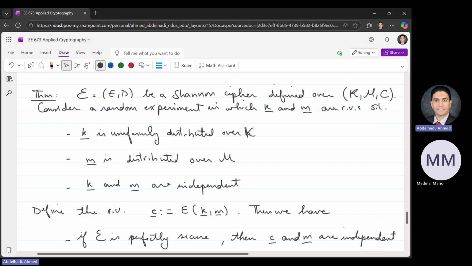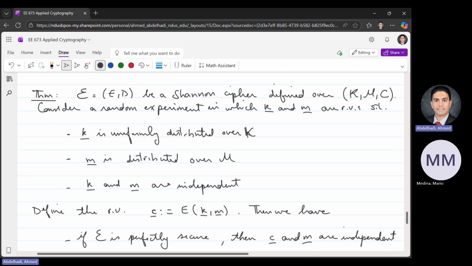Now, the other thing in the design is that the key and the message are independent, which also makes sense. If you have a specific message, you don't want to pick a specific key for it. If you are sending the same message 10 times, each time you need to pick a different key. There is no correlation between the key and the message. The key is picked at random, which is why they are two independent random variables. Is this clear about the independence here?